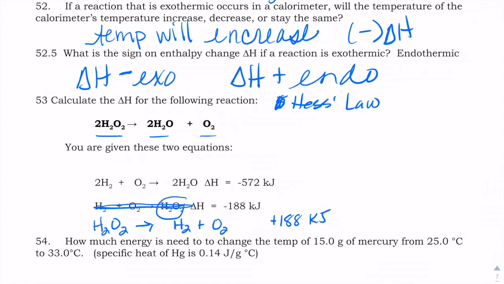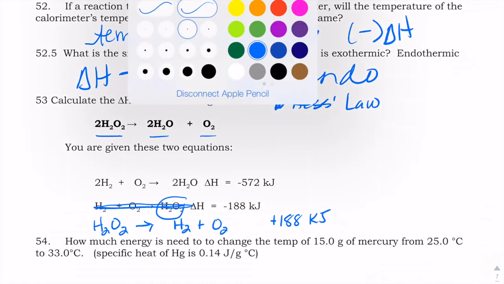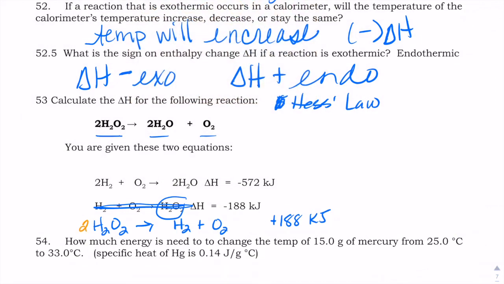The other thing, I have one hydrogen peroxide. Here I have 2. So I'm going to multiply this by 2, which means these both get multiplied by 2, and they add up.